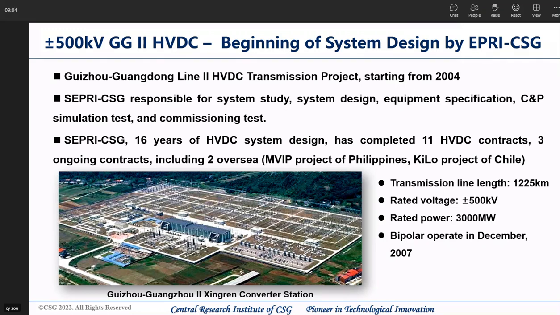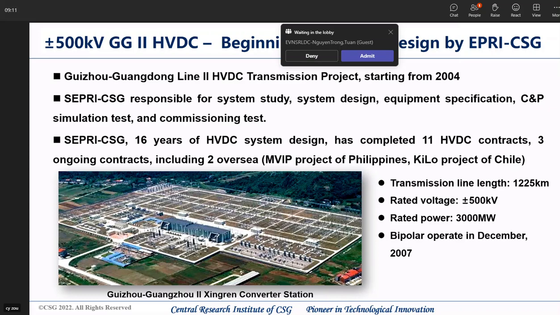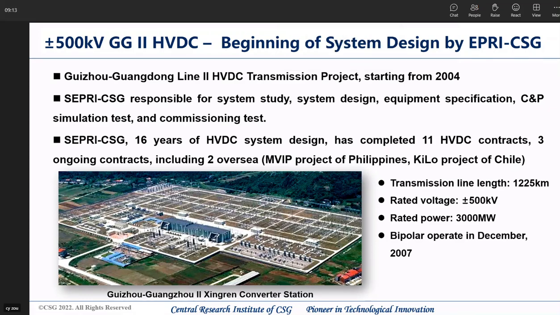CSG, which is us, is responsible for system study, system design, equipment specification, control and protection simulation test, and also commissioning test. Now we have 16 years of HVDC system experience and have completed 11 HVDC contracts. There are still 3 ongoing contracts, including 2 overseas projects, which are the MVP project in Philippines and a Kilo project in Chile.